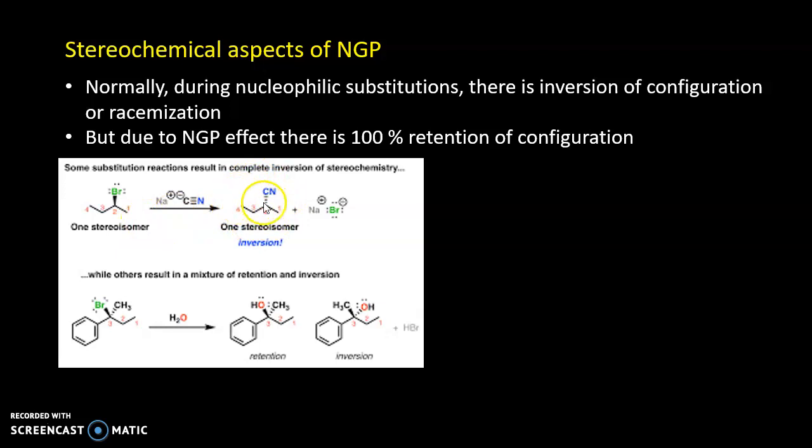Now you see the stereochemistry here. This bromine is on the upper side, cyanide is on the lower side because cyanide attacks from the rear side, since bromine was on the upper side. So what happens here? There is an inversion of configuration. That means the configuration in the reactant is not in the product. It is opposite to that. So this is inversion of configuration.